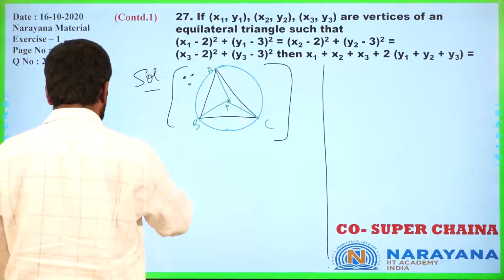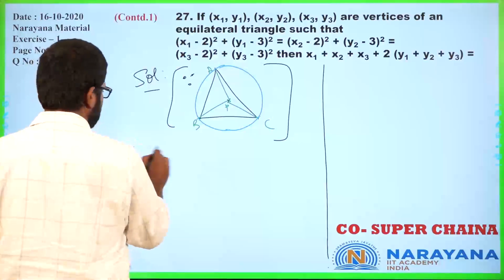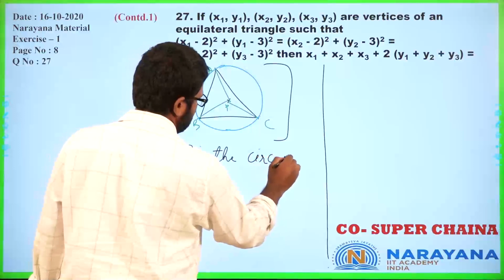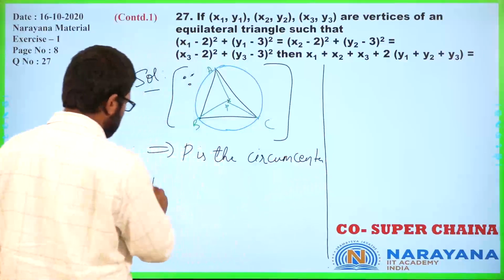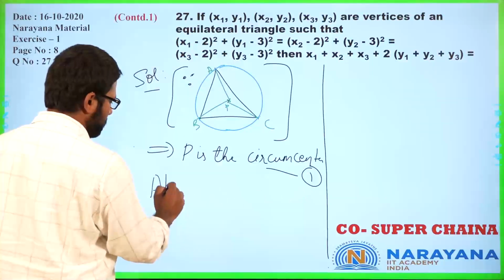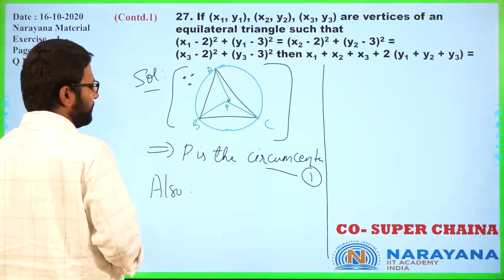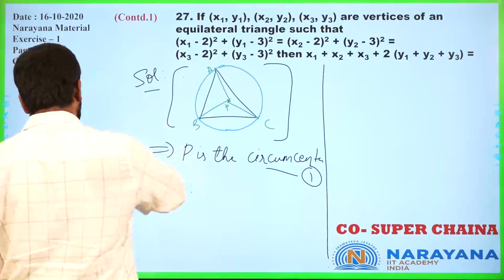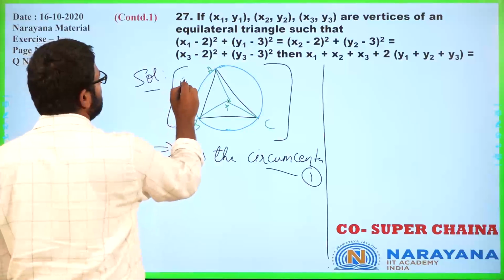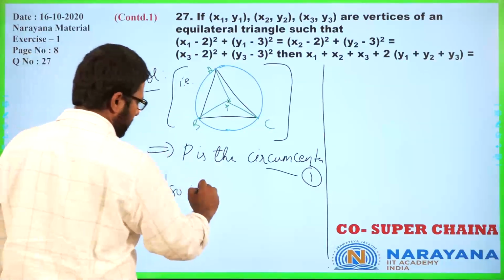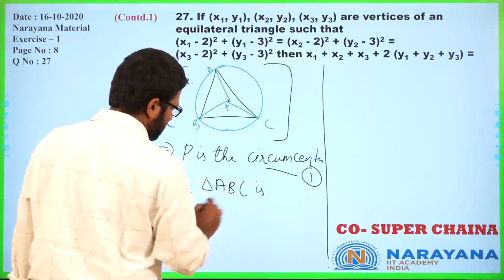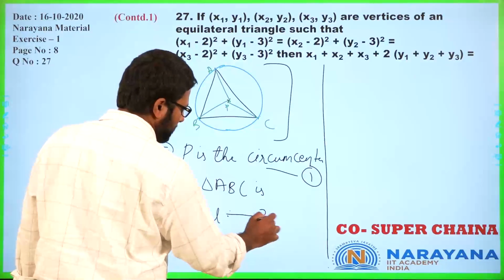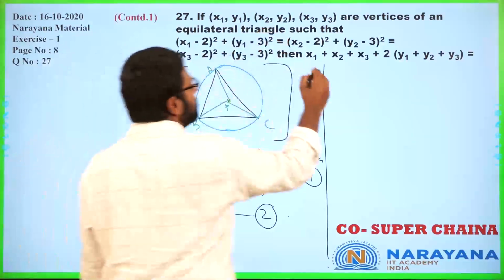Let us write that first: P is the circumcenter. Mark this as the first conclusion. Also, triangle ABC is equilateral. Mark it as 2.